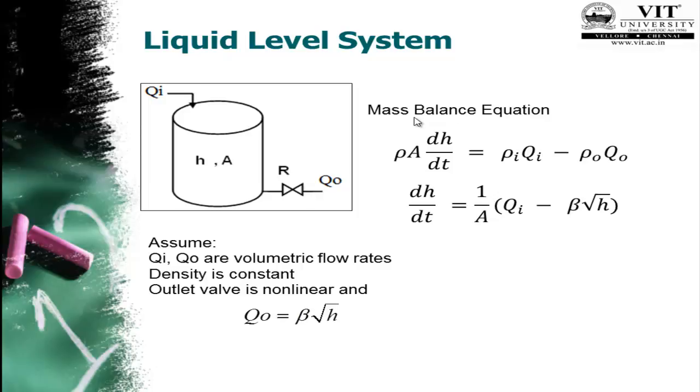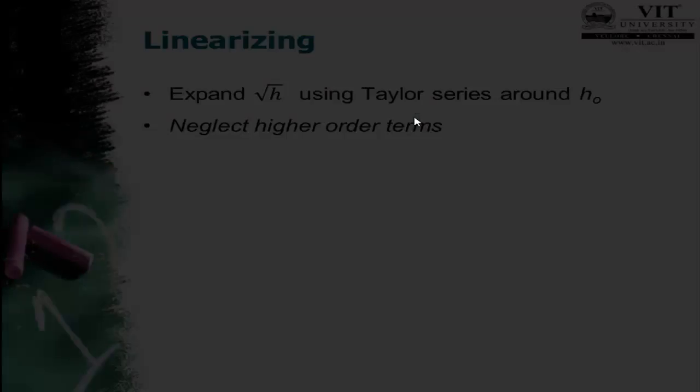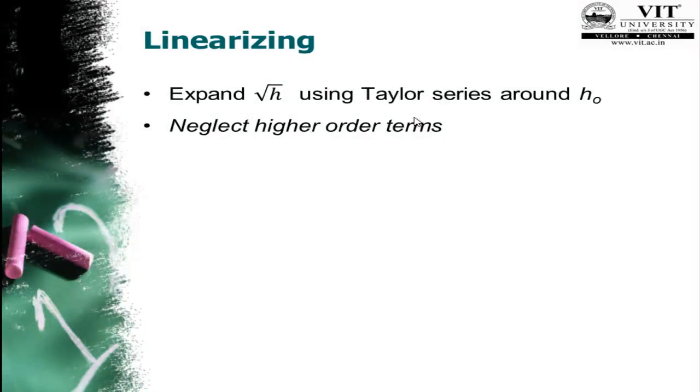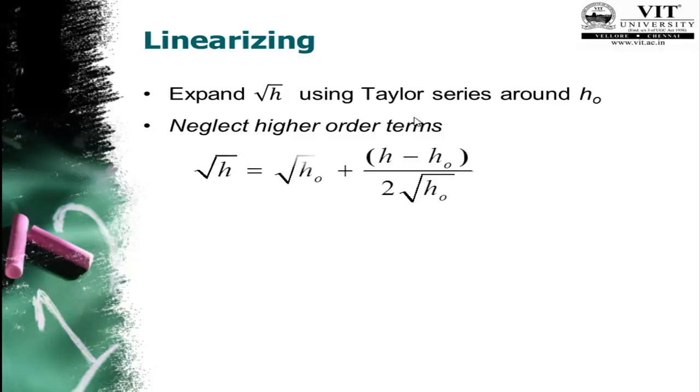So we'll see how to linearize this nonlinear model. The nonlinear term present in this model is root h. If we use Taylor series for expanding this root h around h naught and neglect the higher order terms, we'll get this equation. Now you can see square root h is a nonlinear term.